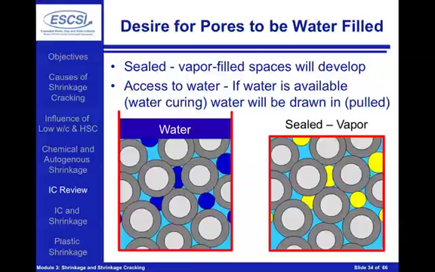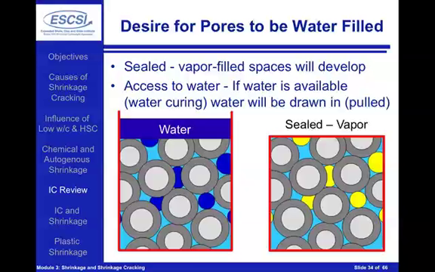However, in many other cases, we don't do water curing and we essentially use a condition that's close to sealed. We may just put a layer of plastic on top of the surface, or we may go through and use a curing compound or something like that on top of the surface. This is different than water curing. Essentially, in this case, what we're doing is we're minimizing the evaporation that can occur, but we're still going to see these vapor-filled spaces.